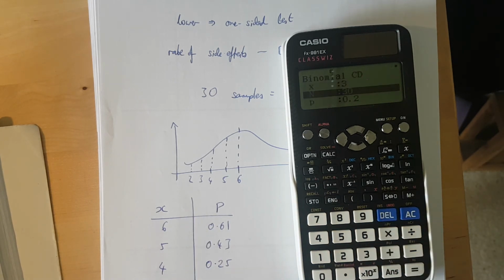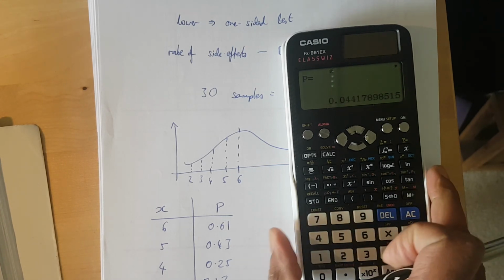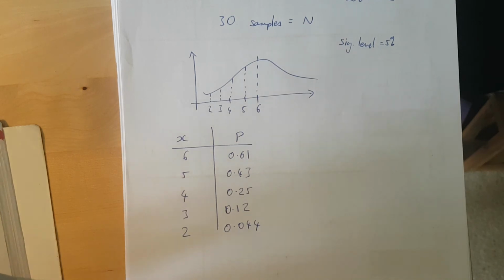Let's see what happens if I make it 3. I'm down to 12 and a bit percent now, 0.12. And then finally, let's look at 2, and we'll interpret these in a second. If it's 2, I get down to 0.044. Sorry, it's off screen.